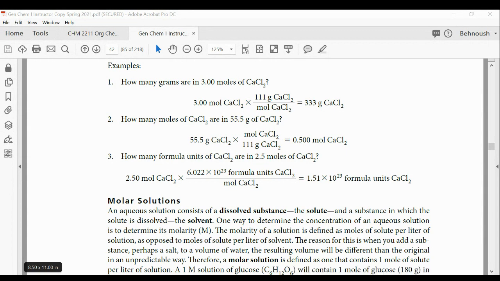Number of moles of solution times the number of moles of the solute, no, one more time. Molarity equals number of moles divided by volume, right? Divide by volume in liters.